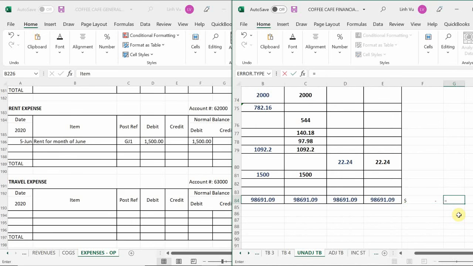My formula for my main accounts is going to be my debits minus my credits here, and my debits minus my credits for these accounts.